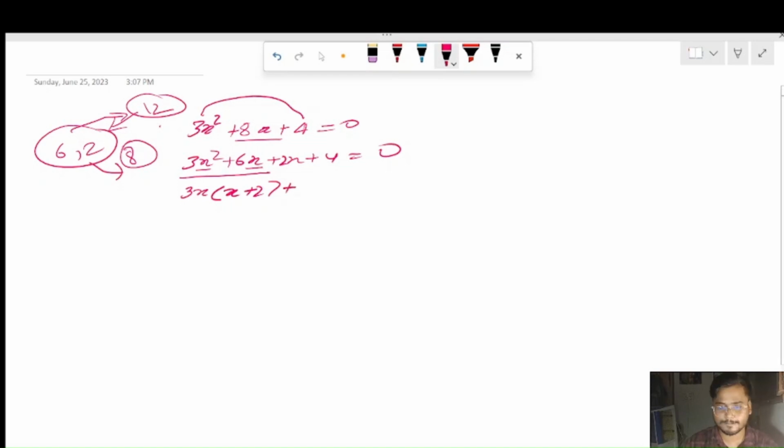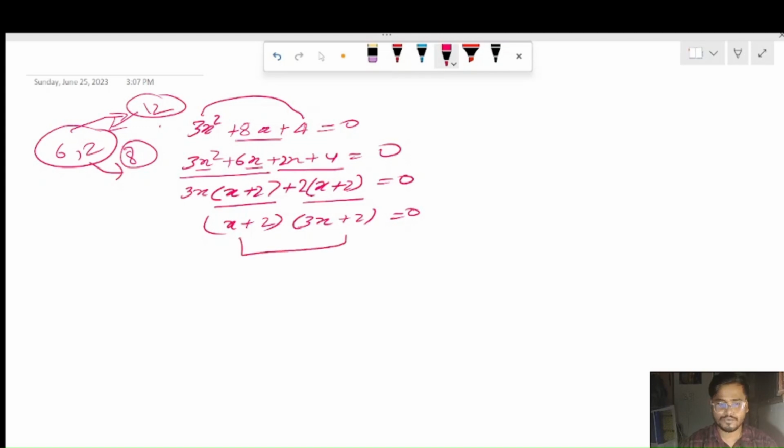From the other two terms we can take 2 common, and the remaining term is x plus 2, which is equal to 0. Now x plus 2 is common in both terms, so we take x plus 2 common, and the remaining term becomes 3x plus 2.